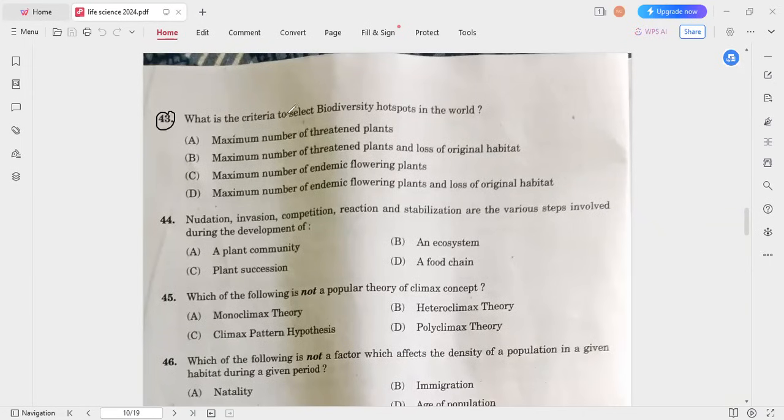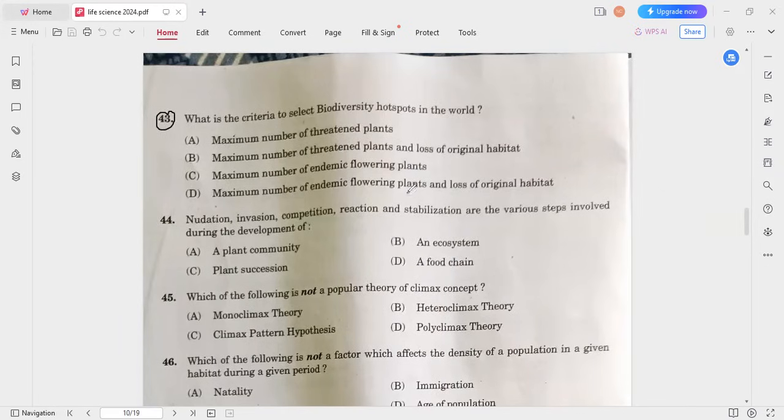What is the criteria to select biodiversity hotspots in the world? So to select the biodiversity hotspots in the world, some criteria are there. In this, we have to select which criteria is correct. Maximum number of threatened plants, no. Maximum number of threatened plants and loss of original habitat, no. Maximum number of endemic flowering plants, yes.